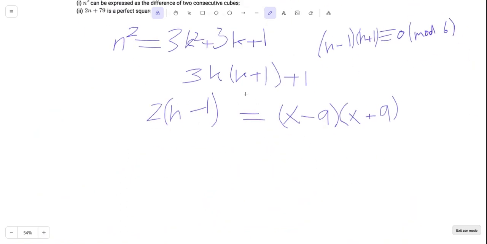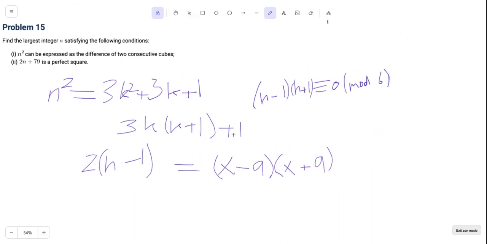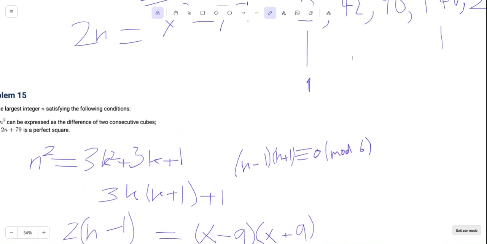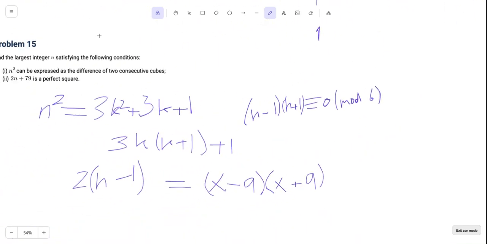Can n be expressed like this? We have n minus 1 times n plus 1 to simplify. So 72 times 74, you get 24 times 74. 24 times 74 is going to be k times k plus 1.